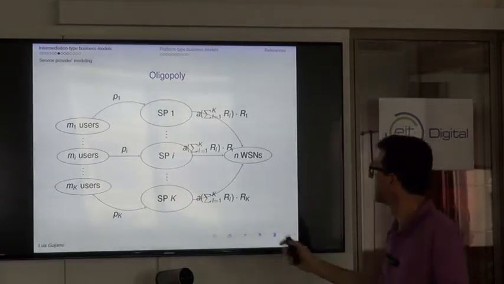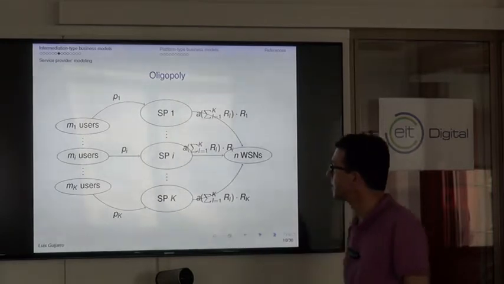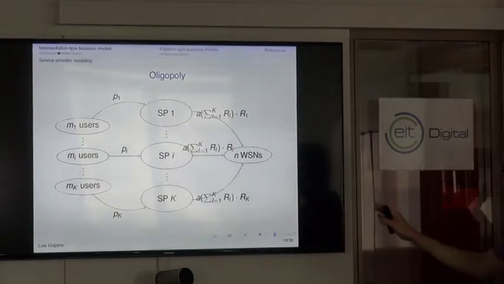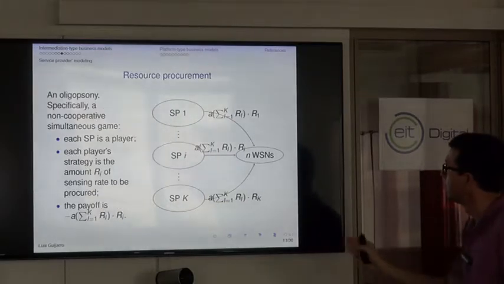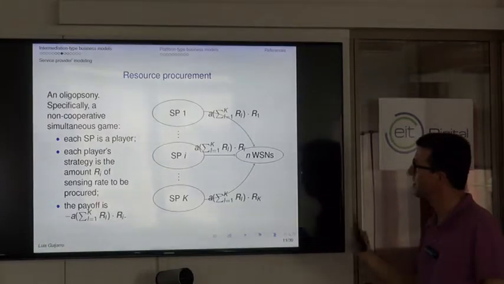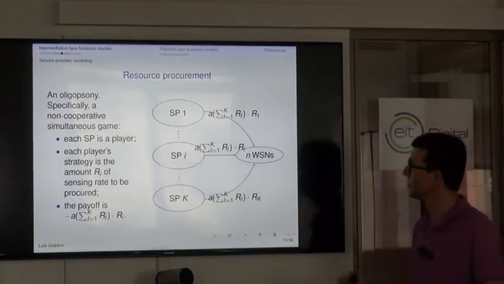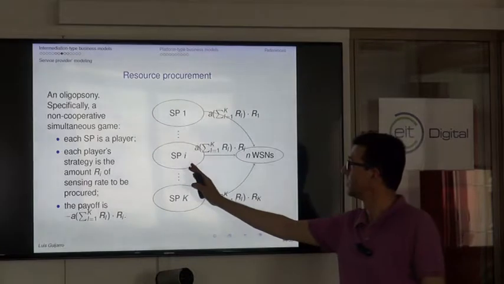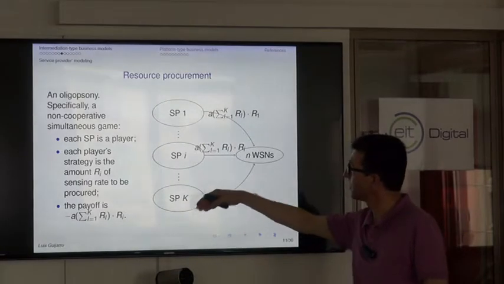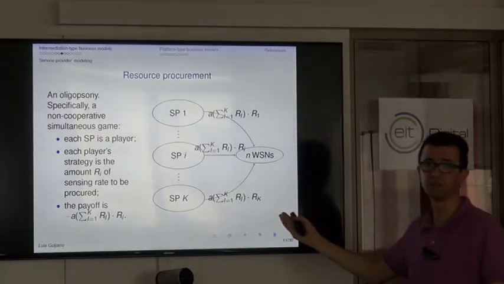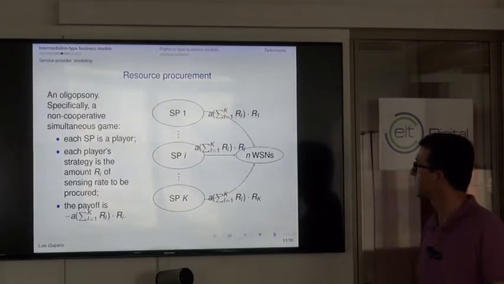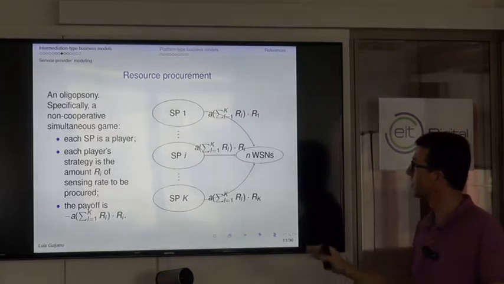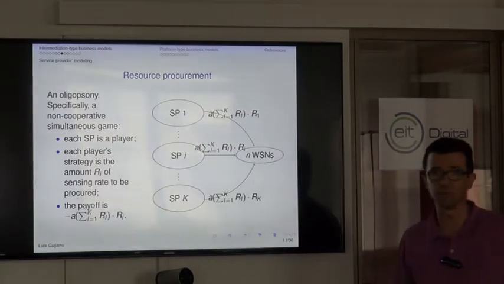Let's get a little insight into this competition. At the procurement side, that is the competition between the buyers of sensing data that is supplied by the sensor networks, what we have here is a game.